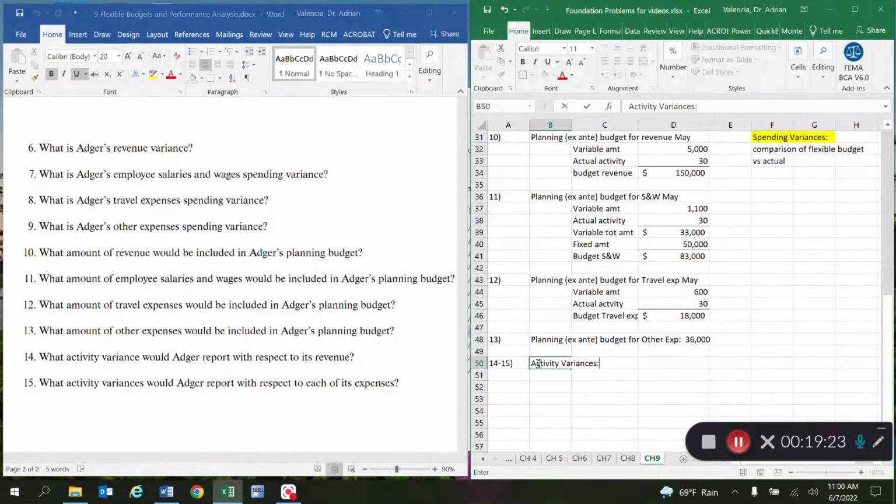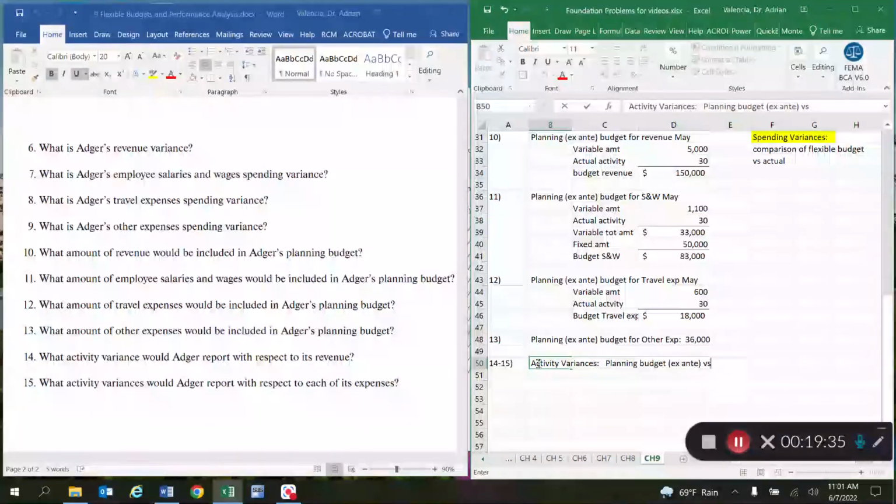And then the activity variances are going to be a comparison based on your planning budget, in other words, the one I called ex ante budget, versus your flexible budget.